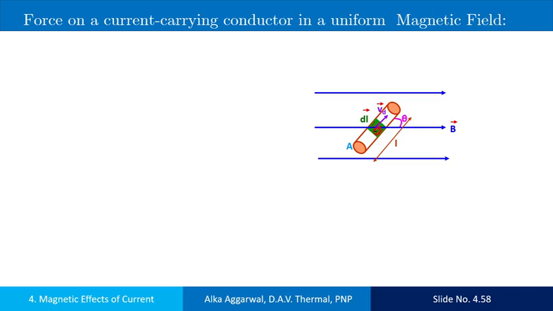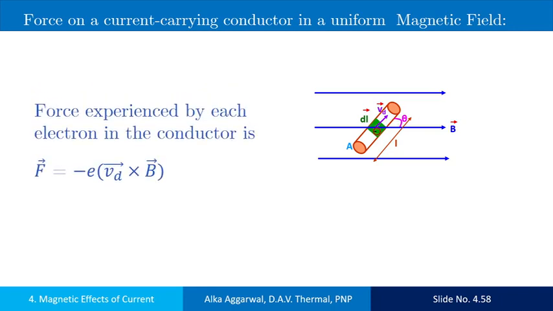An electron which is moving with the velocity Vd. Now, the force experienced by the charge in a magnetic field is given by QVB. Here we are talking about the electron, so the charge is minus e.